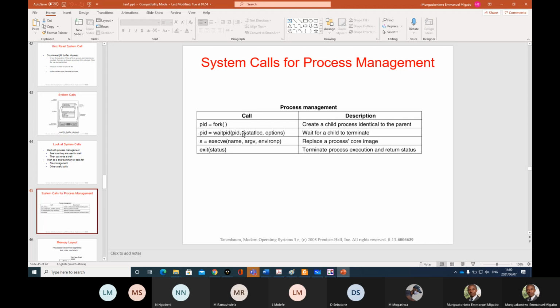Then we have the status, which has to do with how far we are in the execution of the process that we are waiting to terminate, as well as the options. And among the options, we could have a lot of options, part of which include things such as all, which would mean wait for any child. So it's like waiting for any type of child process, meaning it's sort of overshadowing the PID that you will have passed.